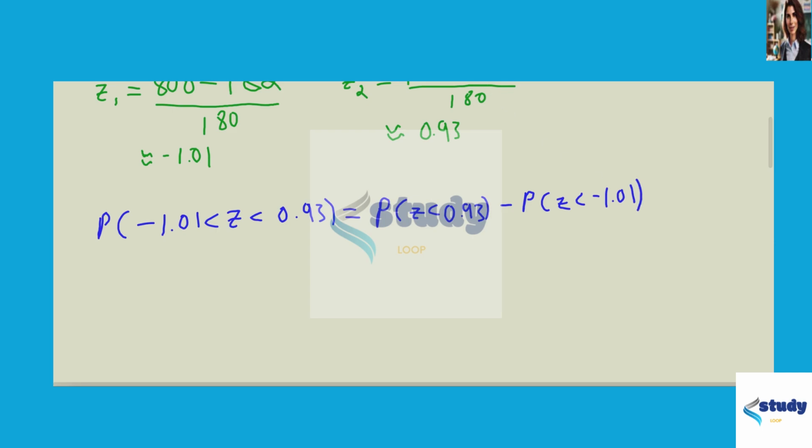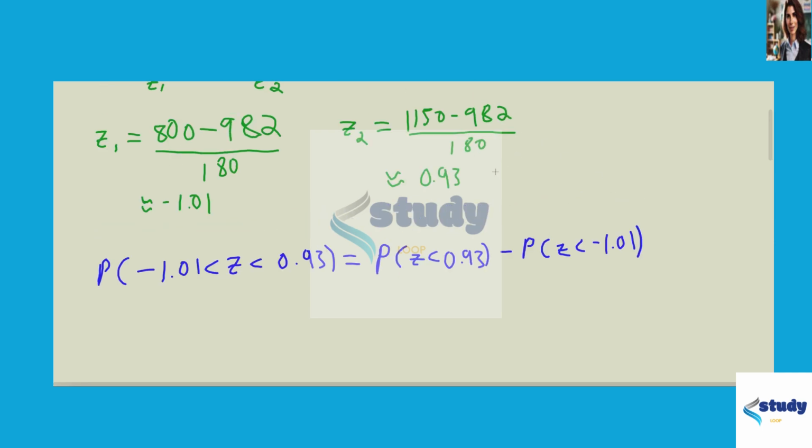So now what we're going to have to do is find the probabilities associated with these z values. I'm looking at table E, and we're going to find that for negative 1.01 it is 0.1562, and for 0.93 it is 0.8238.